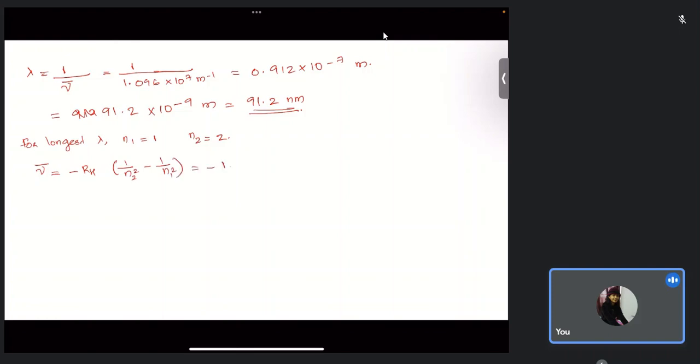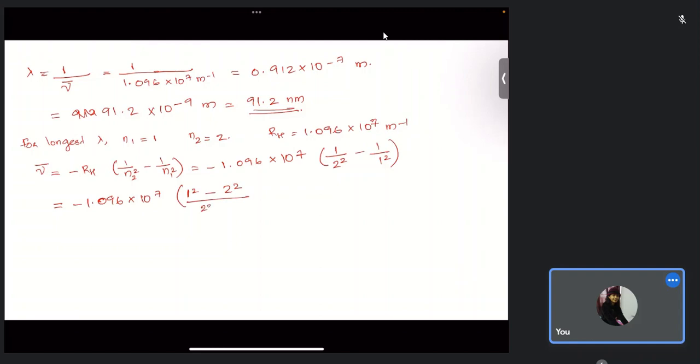This is minus 1.096 into 10 to the power 7 meter inverse times 1 by 2 square minus 1 by 1 square, which is minus 1.096 into 10 to the power 7 times 1 minus 4 divided by 4, since 2 square is 4.